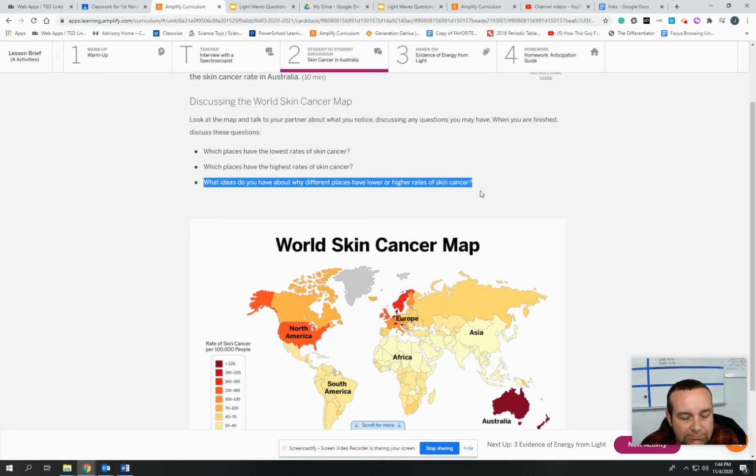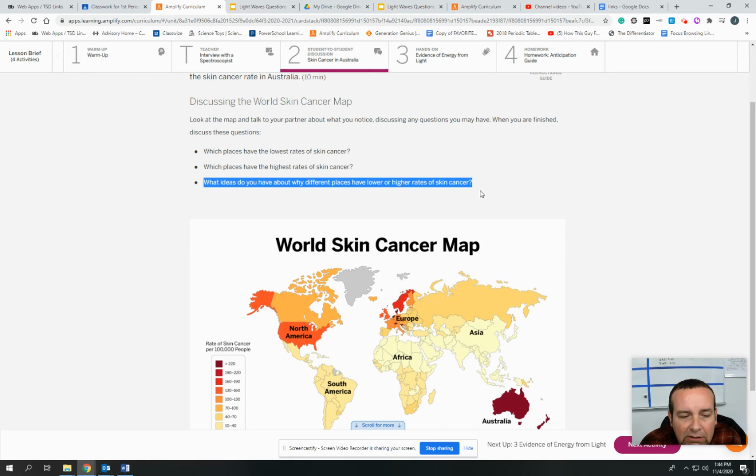Think about it for a minute. So I'll share some of my thinking with you. You know, I would say places that typically get more sun would have a higher likelihood of skin cancer.